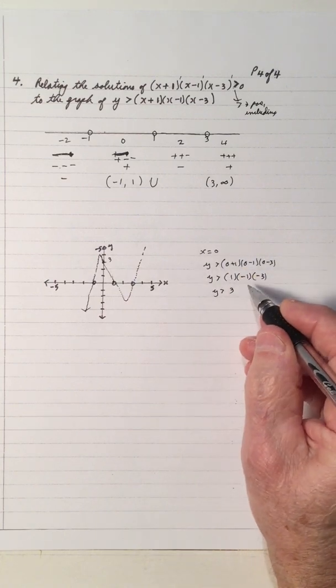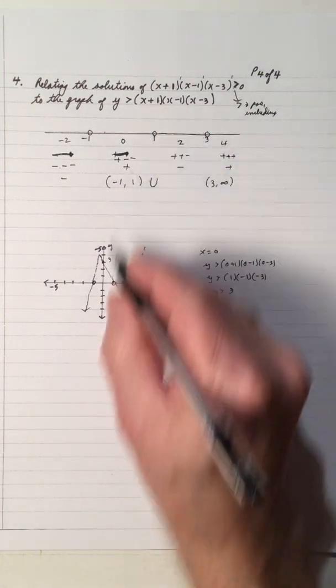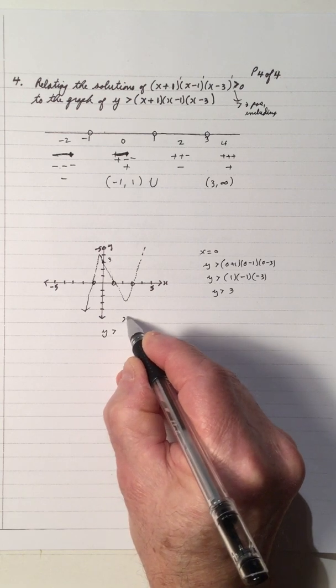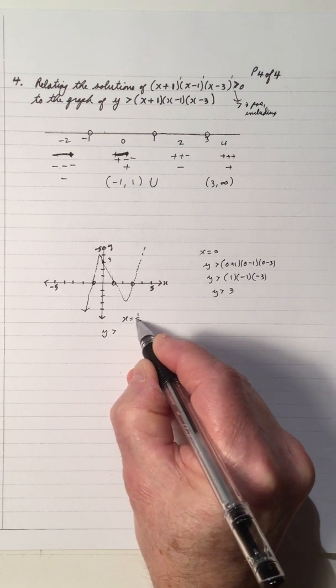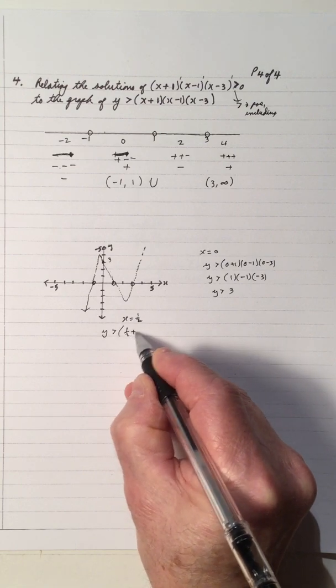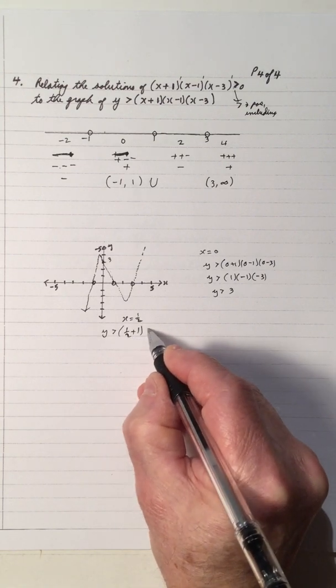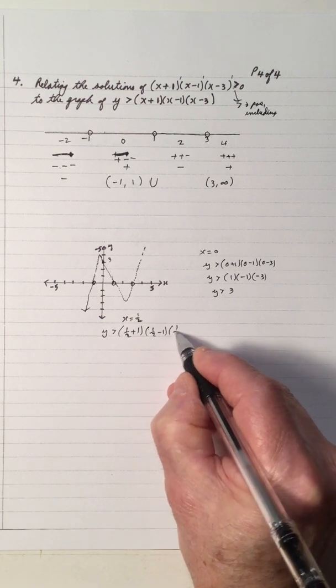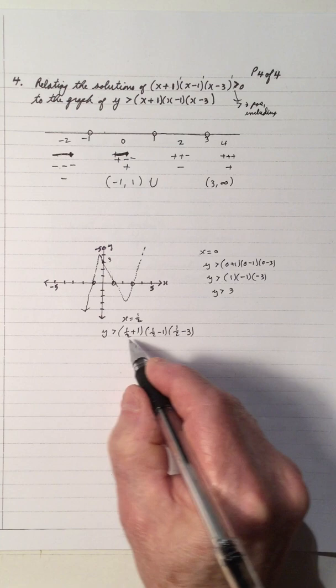Again, it could go through there and bend here. So if I put a half into this, let's see, x is a half. So I got a half plus 1, I got a half minus 1, and I got a half minus 3.